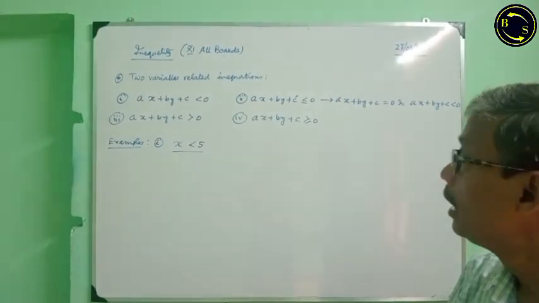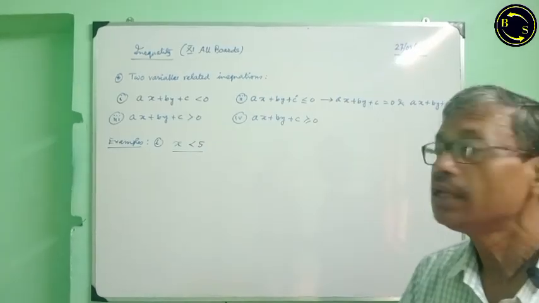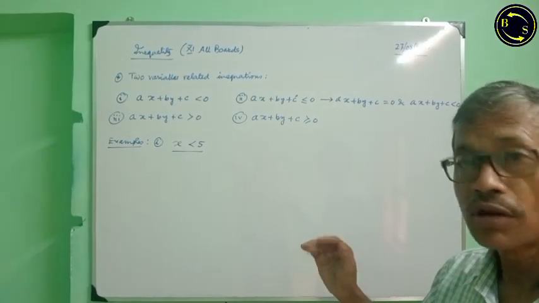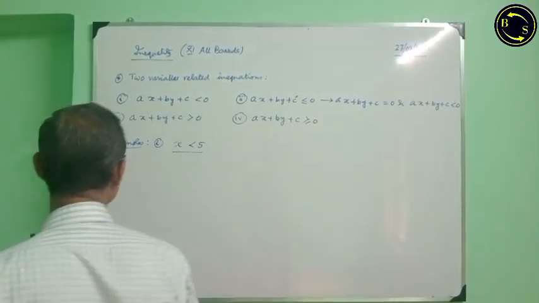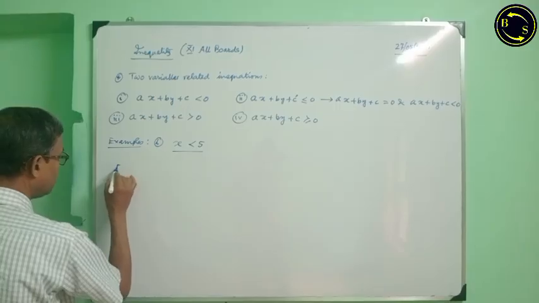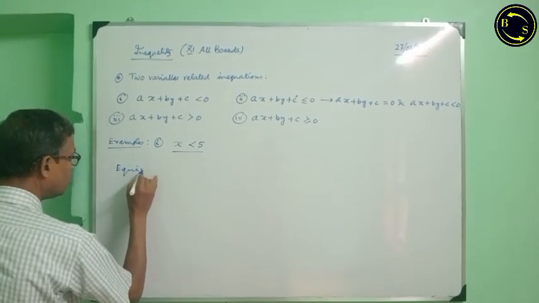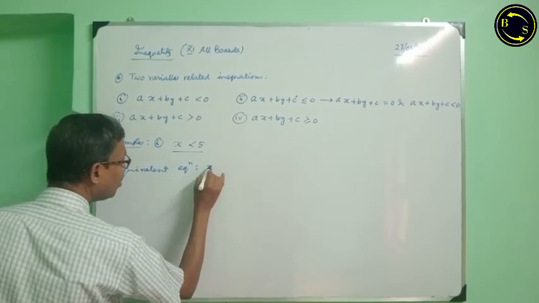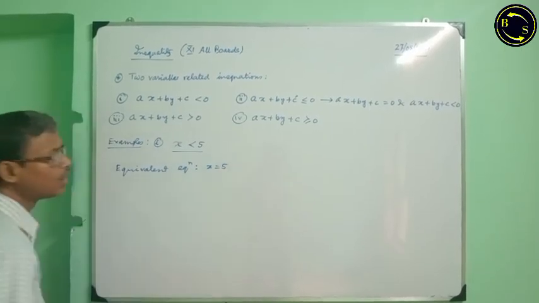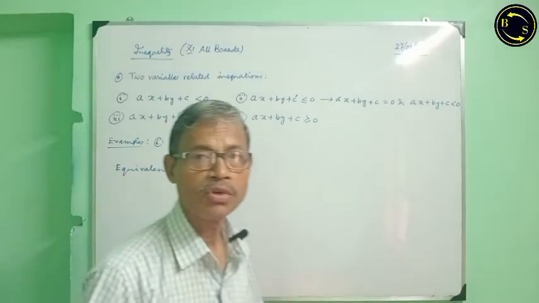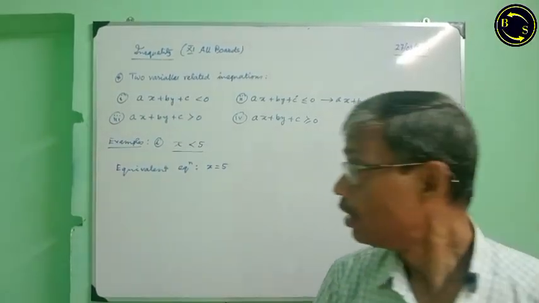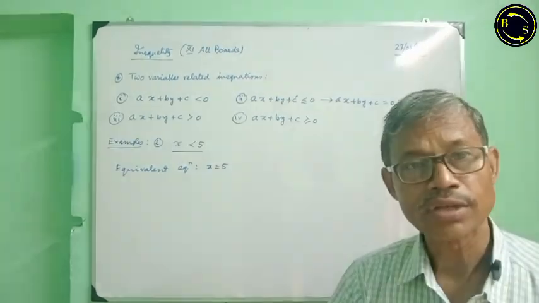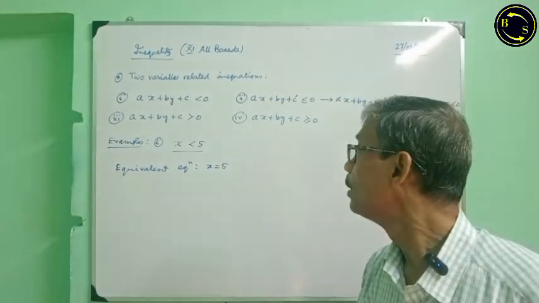For that, the first step will be writing the equivalent equation or corresponding equation. x is equal to 5, that means x equal to constant. Already you have drawn such graphs in 9th standard or lower classes.